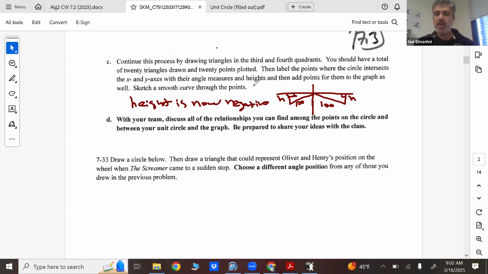Now, in terms of the angles, how would I call this? What would I call this angle right here in blue? Because it's half rotation plus 15. So it'd be 195 degrees, right? How about this one here? I'll do this in black.